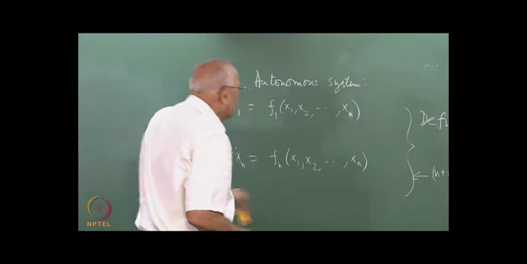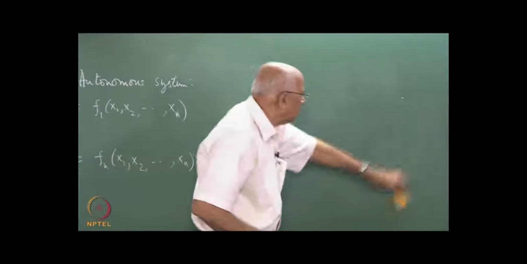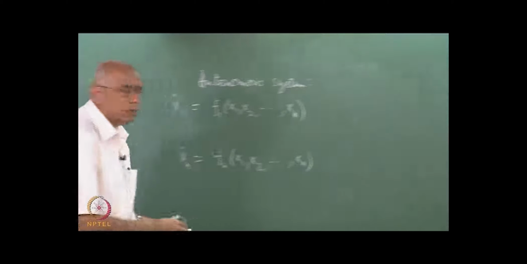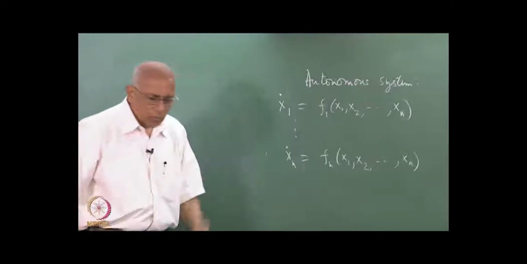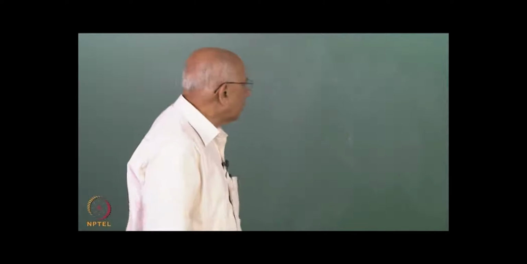It looks like that. So, this is going to be my basic dynamical system that we are going to talk about in the rest of this course. This is the framework in which we will now restrict our attention for the moment till we get to discrete time dynamics and maps.